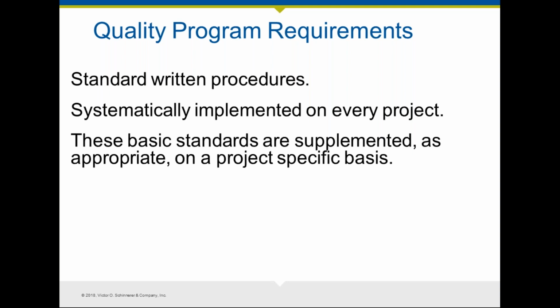Of course, owners often do want proof of a documented quality program. Oftentimes it's part of the request for proposal. So you need to be able to say, this is our quality program. This is what we did to implement it on your particular project. So if this is an owner requirement, it goes without saying that it does need to be part of the scope of your services as well.